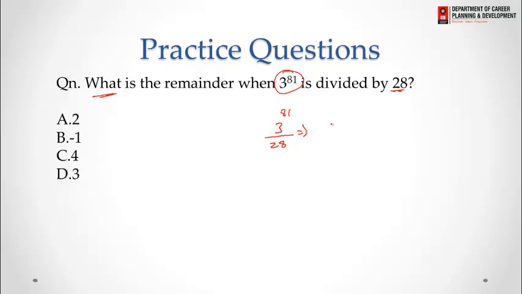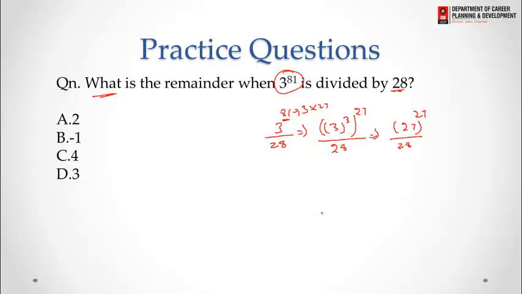So what we can do is break 81 as a multiple of 3 into 27. Hence this value becomes 27 power 27 divided by 28.